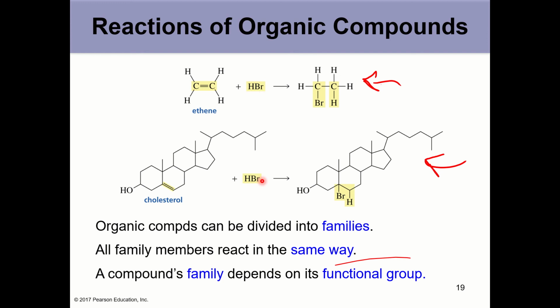All family members react the same way with the same reagent. A compound's family depends on its functional group. All alkenes belong to an alkene family, and all alkenes have the same general reactivities with HBr.